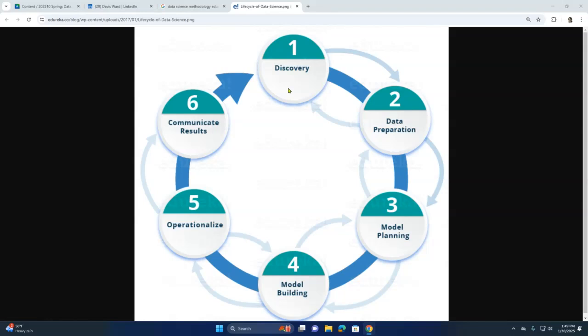But getting a data set where they're asking the question, well, what do images of the retina tell us about diabetes? And here's a data set where we have a whole bunch of retinal images, and some of them are connected to patients with diabetes, and some of them are connected to folks who do not have diabetes. Can we come up with some sort of prediction or classification model?